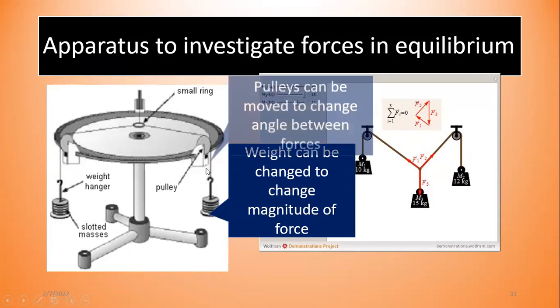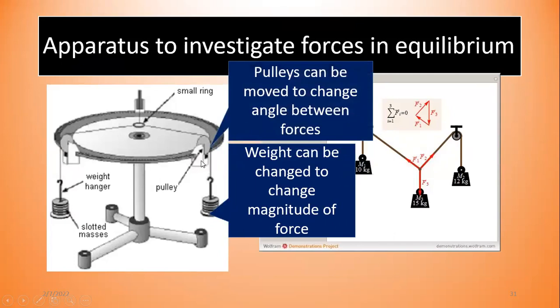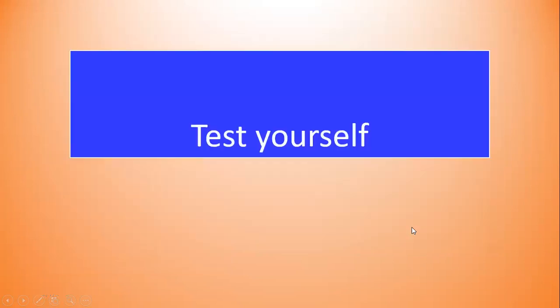And then we can study the three forces; the lines produced must meet at the center here. Or we can have a pulley here, and then that weight will provide this tension. So there are various ways to investigate in the laboratory.